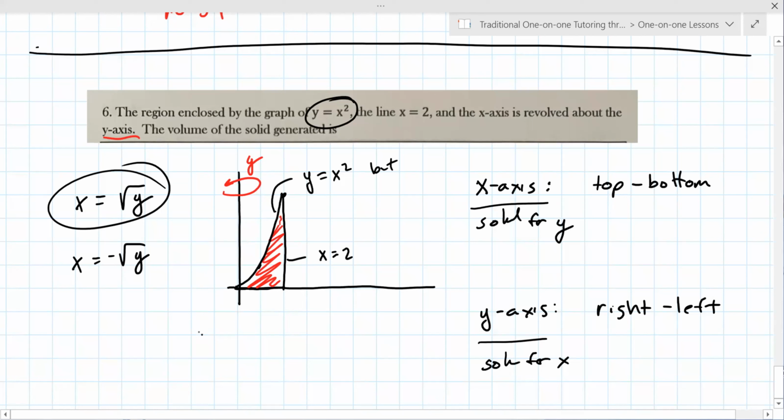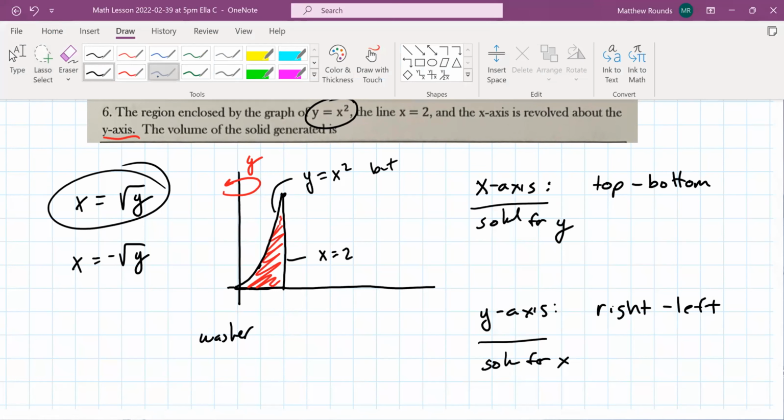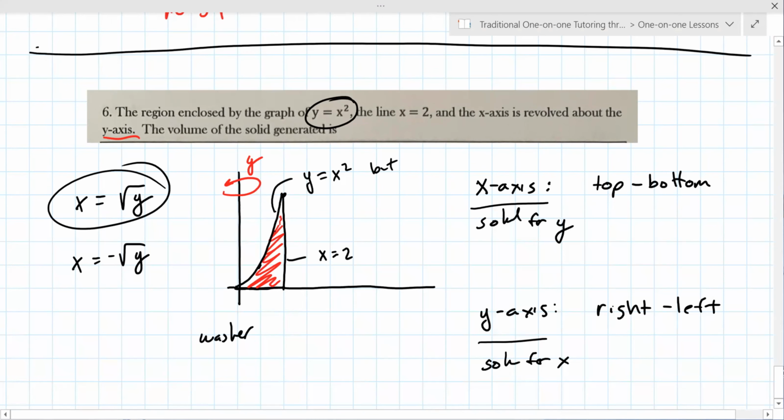This is a washer problem. It's a washer problem because there is a gap between the red region and the axis you're revolving around. I don't know if that's the right word, it's a word I've been using a lot lately. If you have a better one, please let me know. However you want to remember it.